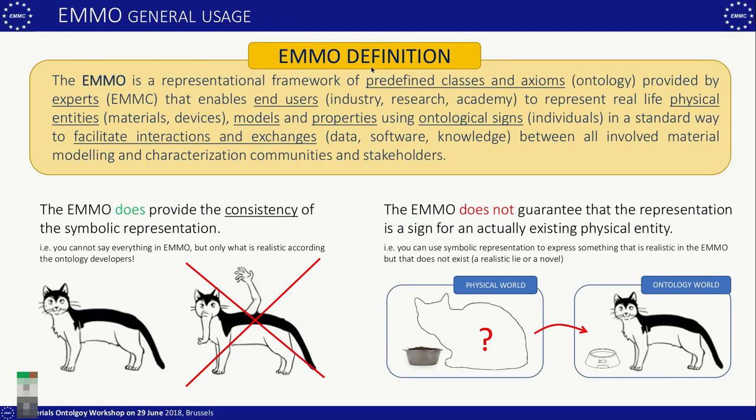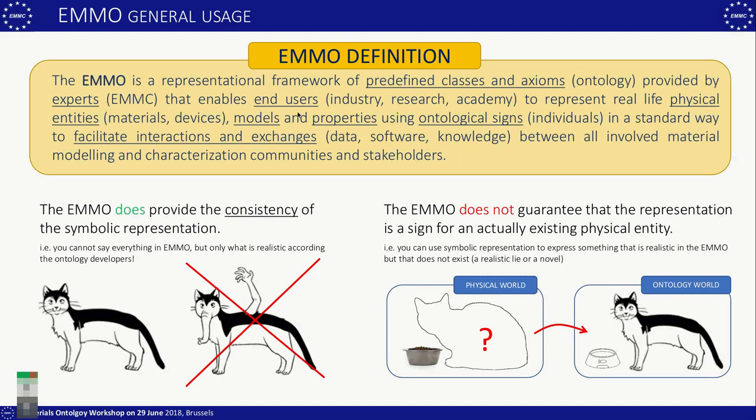So let's try to give a definition of the EMMO. It is simply a representational framework of predefined classes and actions, so it is an ontology. The EMMO is provided by experts, so there is somebody who tries to infuse the knowledge in this ontology.